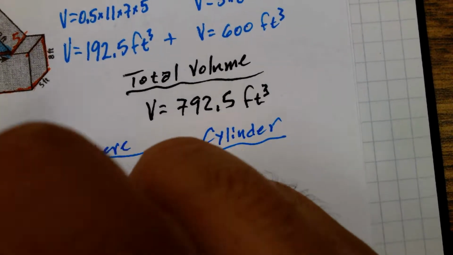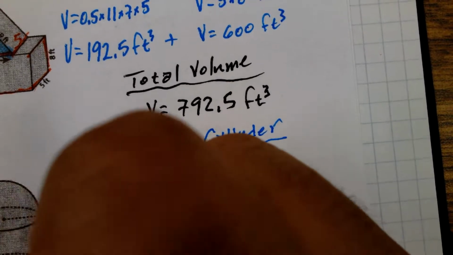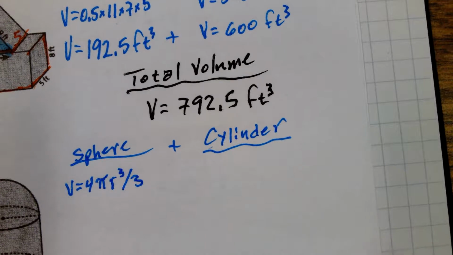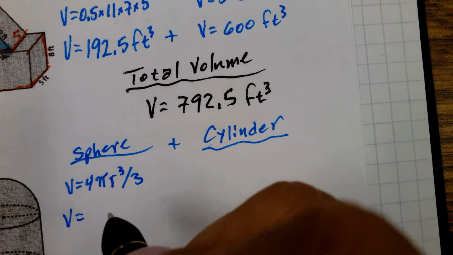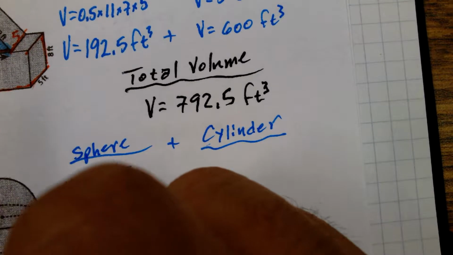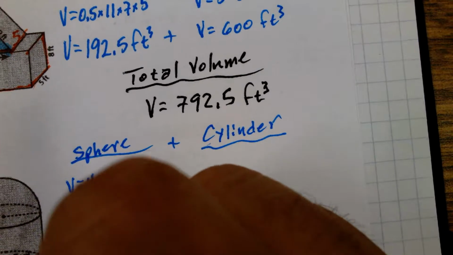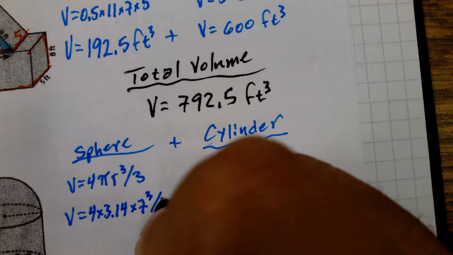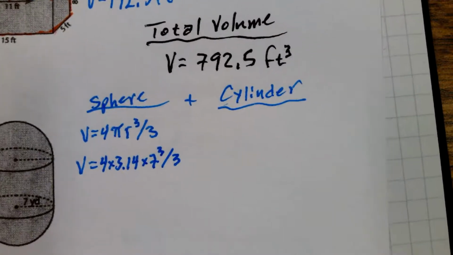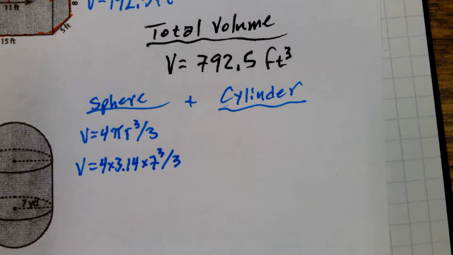So the volume of a sphere is 4 pi radius cubed, divide that by 3. And let's figure that out. So do we have a radius? Yes. So we can just do this. 4 times pi, which we'll use 3.14, times 7 cubed divided by 3. Okay. Let's calculate those. So we're doing 4 times 3.14 times 7 times 7 times 7, then divided all that by 3.